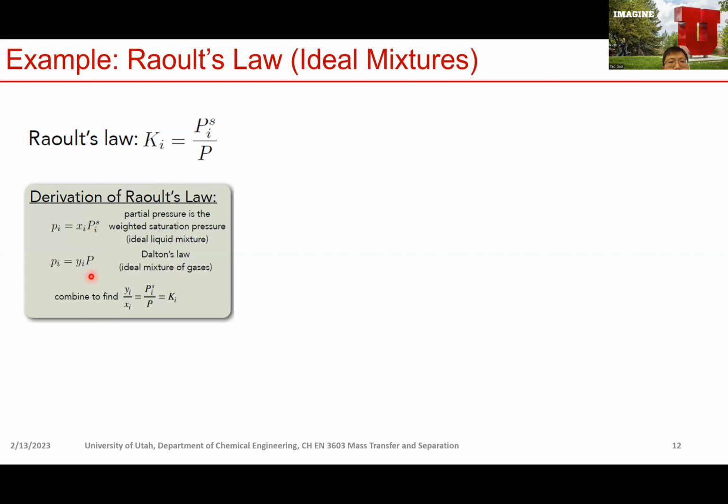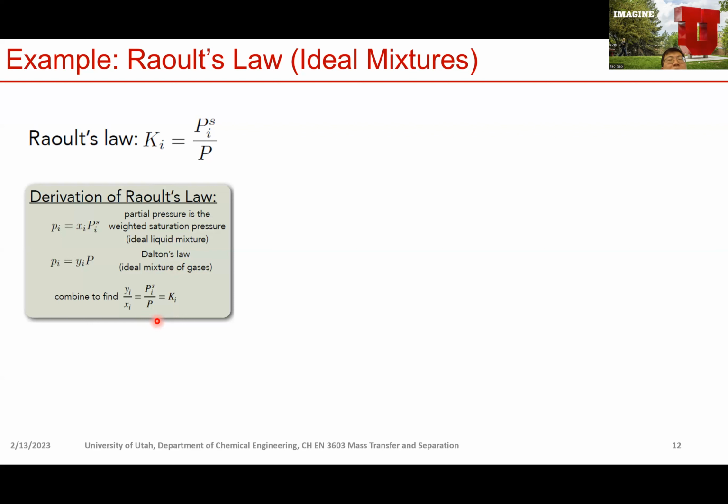So then if we set these two pressures equal, right, you will have an equation that links these two terms, and then if you rearrange the terms you will have yi over xi equals pi saturation over P. That's how we get Raoult's law. Okay.